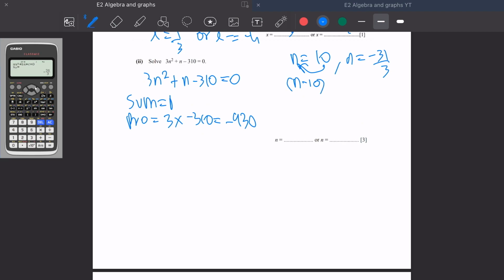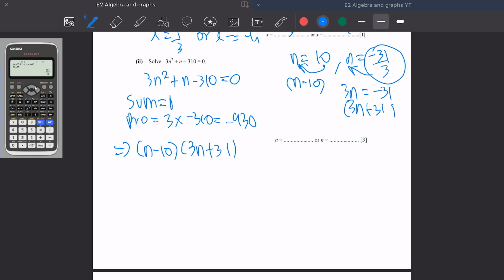That's one of your factors. Now you bring this to this side. So 3n is equal to minus 31, or 3n plus 31. That's your other factor. So it becomes n minus 10 into 3n plus 31 is equal to 0.